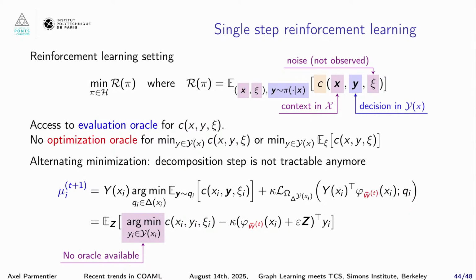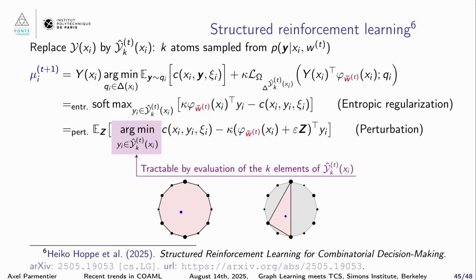And an idea happened to work very well in a generic context. Okay, so the problem is basically you are optimizing over your polytope, which has far too many vertices, let's say 10 to the power of 100. But your GNN encodes a conditional distribution over these vertices, okay? So what you can do is just sample a few vertices, okay?